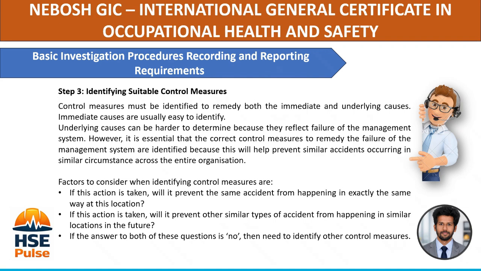If the answer to both questions is no, then you need to identify other control measures. Then after developing the other control measures, you need to ask these questions again, and until you get yes to both questions, you need to keep identifying suitable control measures.